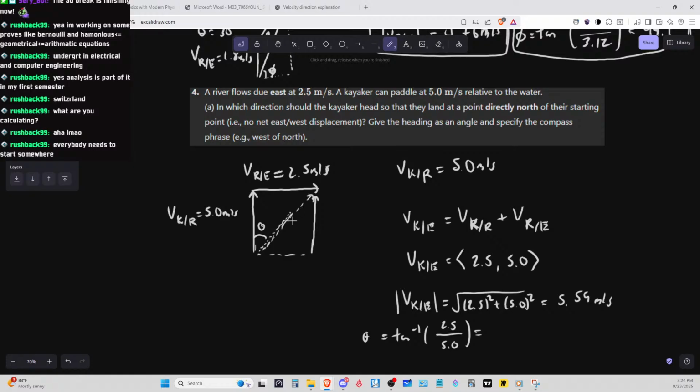So I think that would be the right approach. So we are left with 26.6 degrees east of north, because it's just asking for the direction, but I felt as if we should do like basically get all the facts.